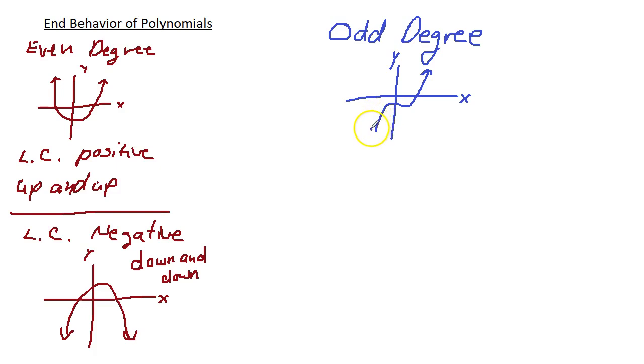You notice the ends are pointing in opposite directions. Now if you were to connect these ends, the line would have a positive slope. So that means your leading coefficient is positive.